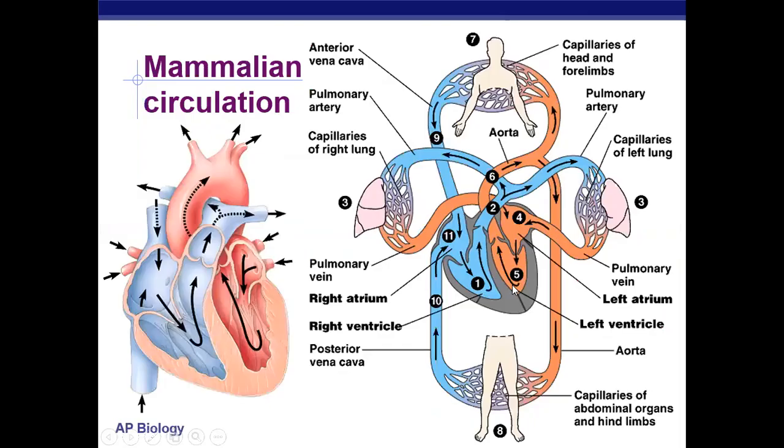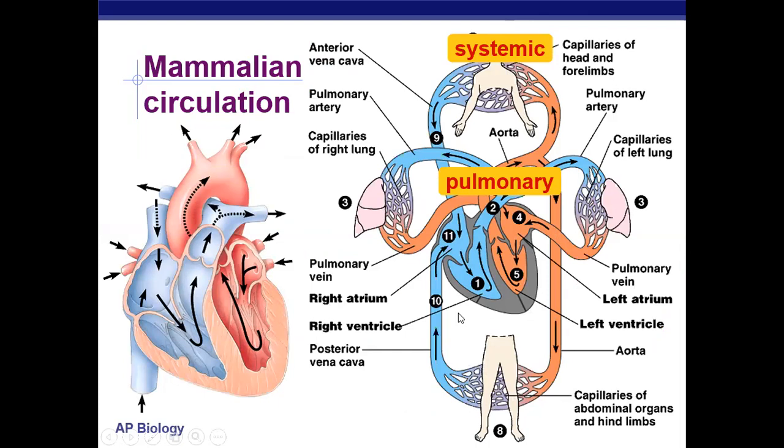All right, so here's a big diagram of your circulatory system. We have the systemic circuit on top here, which is blood flowing to and from the extremities of your body, your upper body, your arms, your chest, your head. And then also on the bottom here, this is part of the systemic circuit, going to and from your legs and the bottom part of your body.